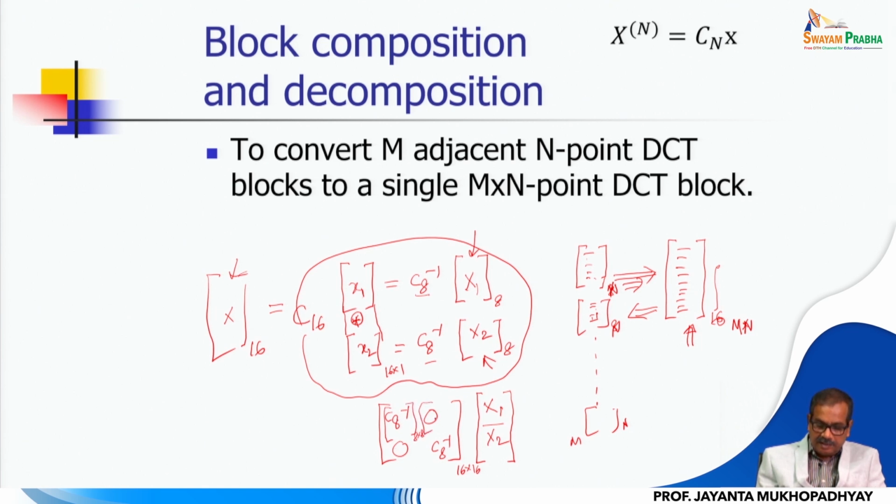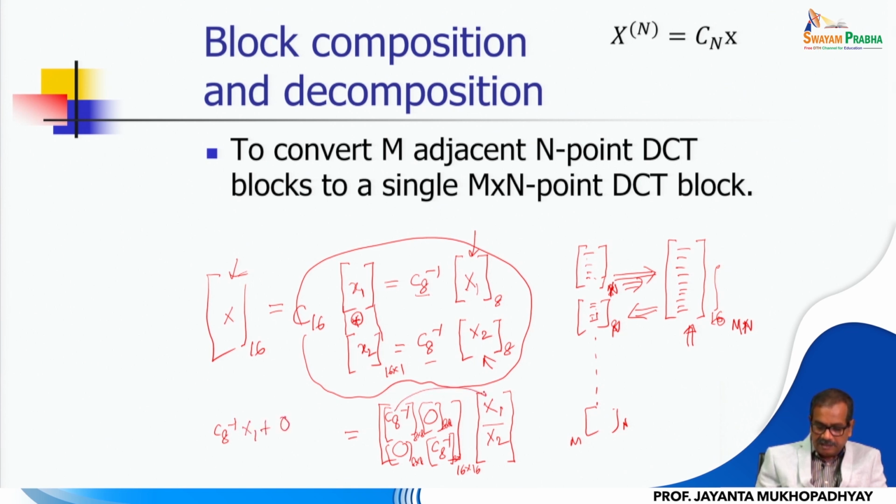This 0 is a 0 matrix of 8 cross 8 block. Using sub matrix algebra, it is the same as the matrix algebra, so you only have to consider the dimension matching. What we do here is C8 inverse into X1 plus 0.